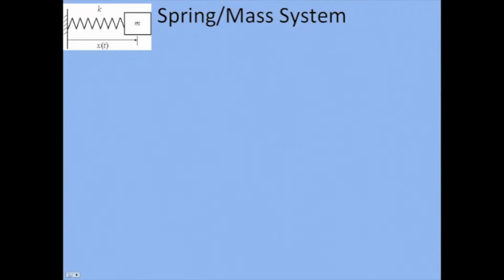Okay, let's take a look at pendulums, but first a little review of a spring mass system, and we'll find that if we know that well, we can make analogies with the pendulum system as a simple harmonic motion system. So we have a mass on a spring, and it's on a frictionless surface. Spring constant is k, and we can draw a free body diagram if we want.